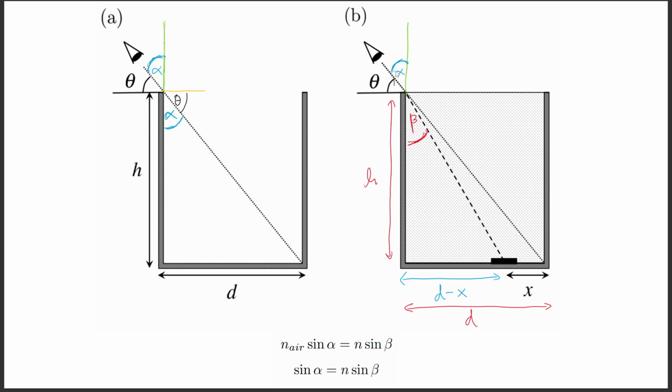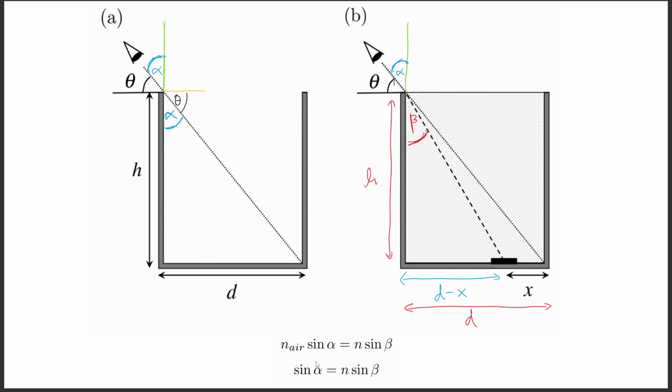It is because this is not adjacent to the normal line. So we make an angle that is adjacent to the normal line, so let's call it alpha. And n is equal to the refractive index n here times sine beta. So it became this equation.